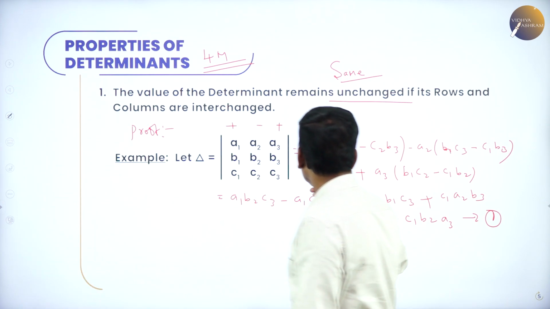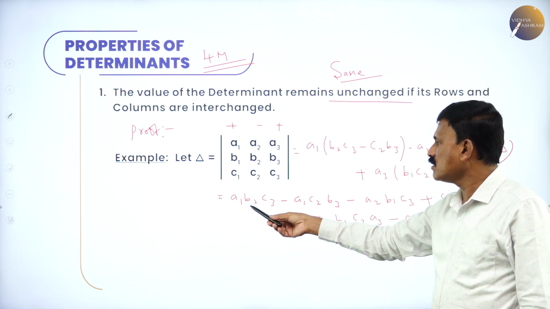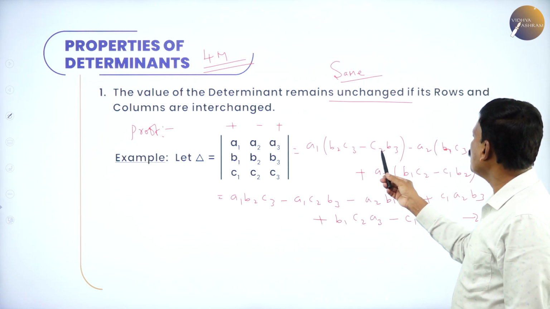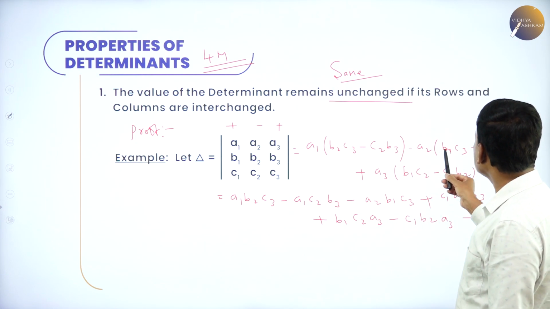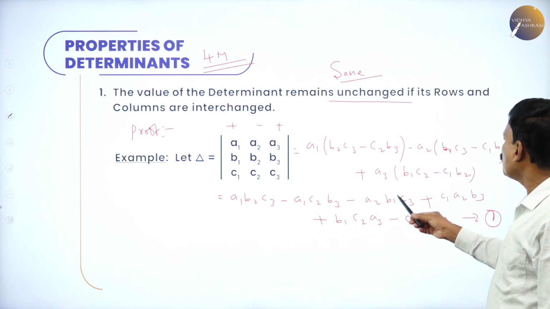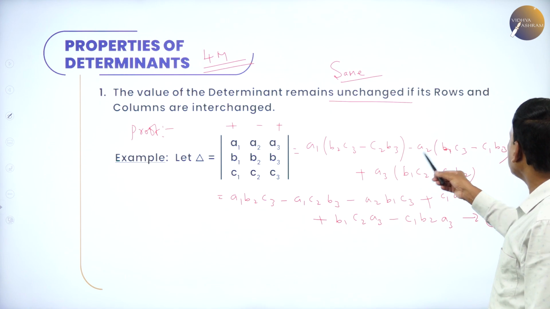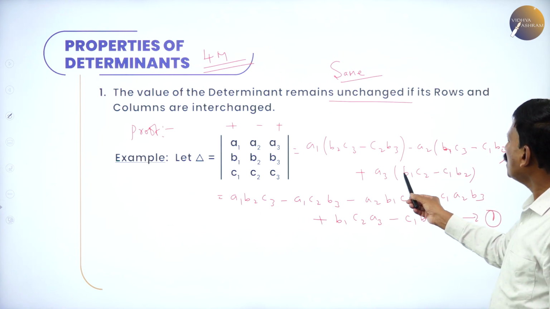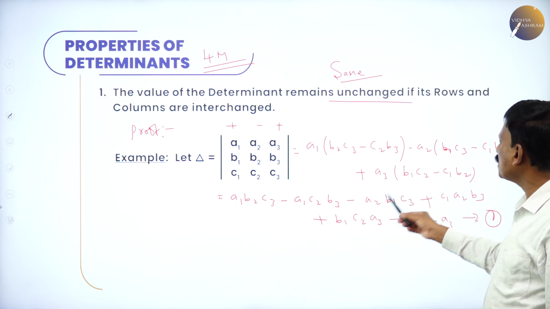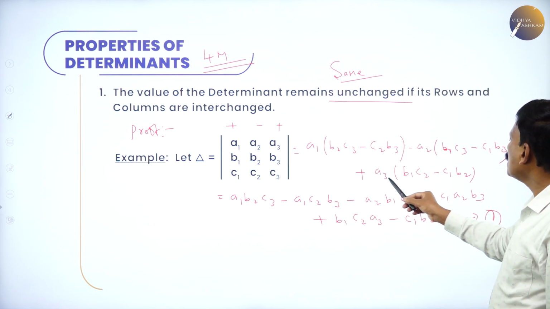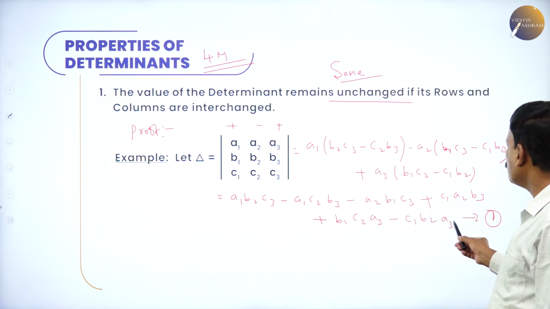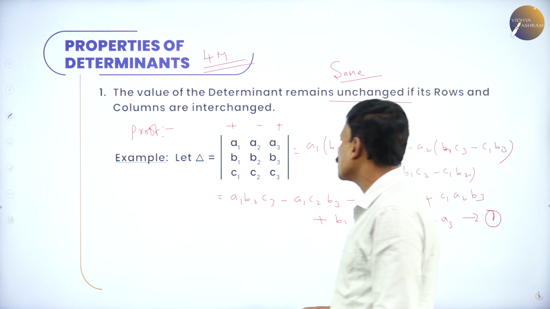Expand this: A1, B2, C3 minus A1, C2, B3, minus A2, B1, C3 written as B1, A2, C3, minus into minus plus A2, C1, B3 written as C1, A2, B3. Again A3, B1, C2 written as B1, C2, A3, minus A3, C1, B2 written as C1, B2, A3. Let us represent this as equation number 1.